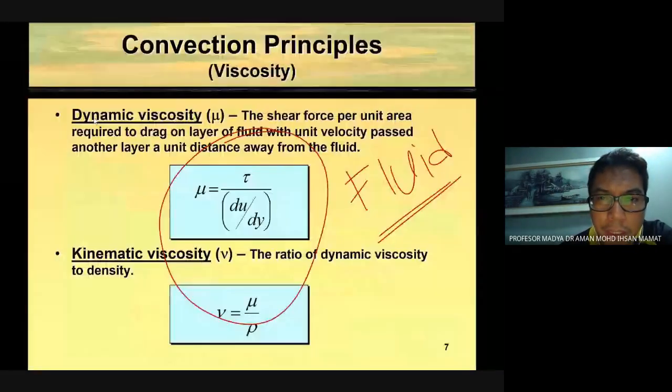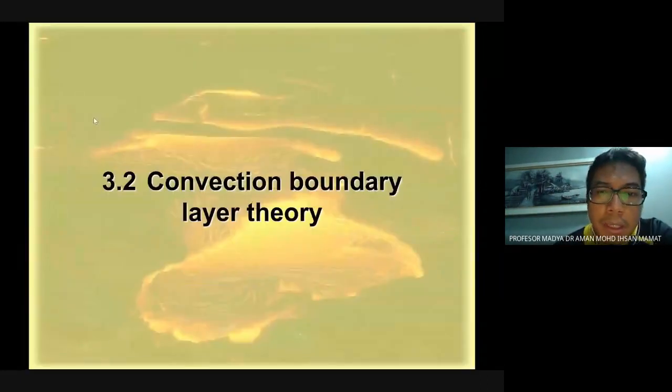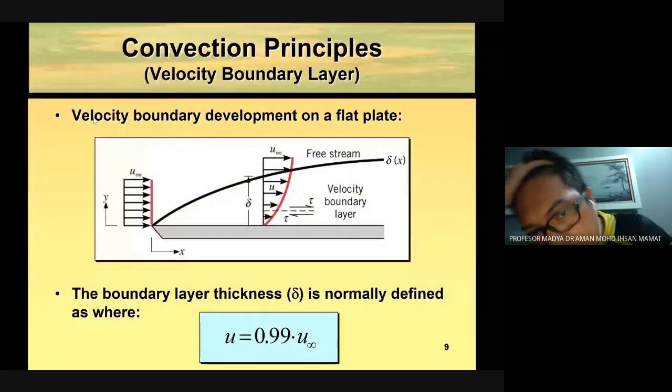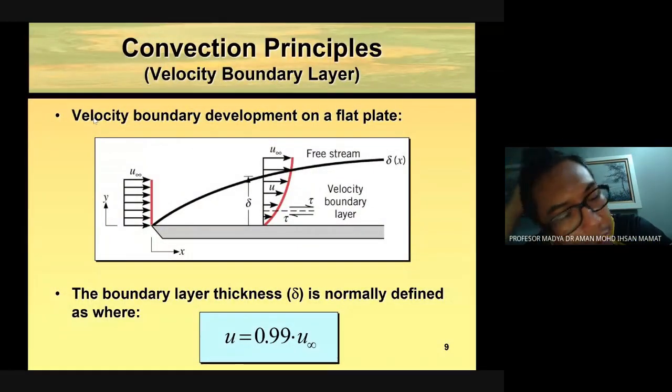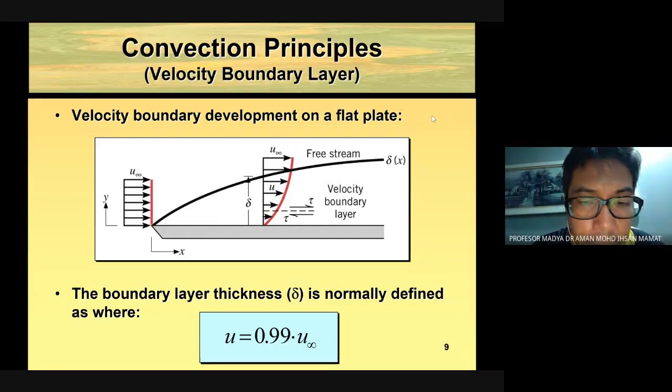Okay, this one. So dynamic viscosity and kinematic viscosity. Okay, so before we go to the flat plate, this is the analysis. I mean the principle of the boundary layer, velocity boundary layer, because similarly, the thermal boundary layer is similar with the velocity boundary layer, we also going to develop the thermal boundary layer for the heat transfer.